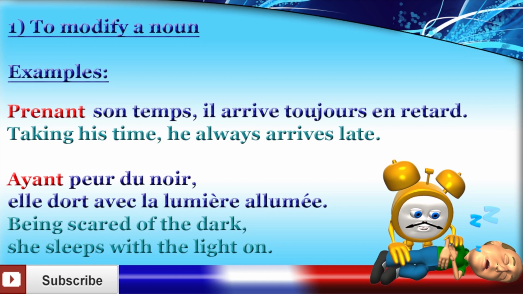This is nothing to do with the present participle as such. For example, if ayant peur du noir was in the present tense, we would say elle a peur du noir. She is scared of the dark. So as you can see, this slight discrepancy between the two languages is not anything to do with the present participle, it's simply a different way of saying the same thing between the two languages.